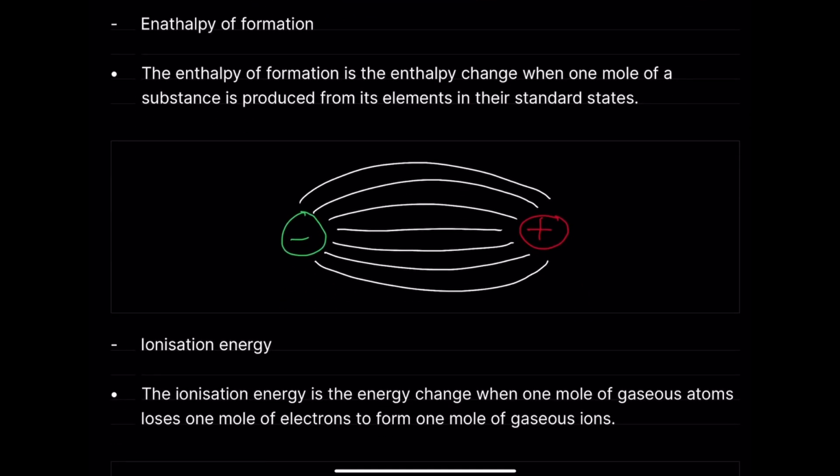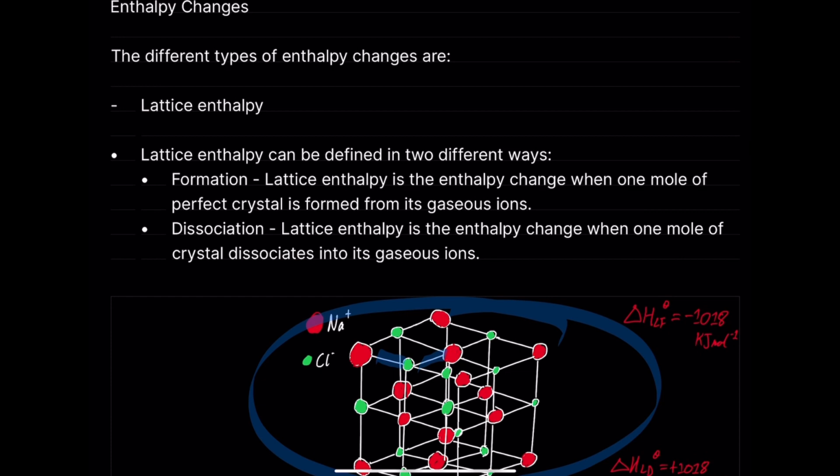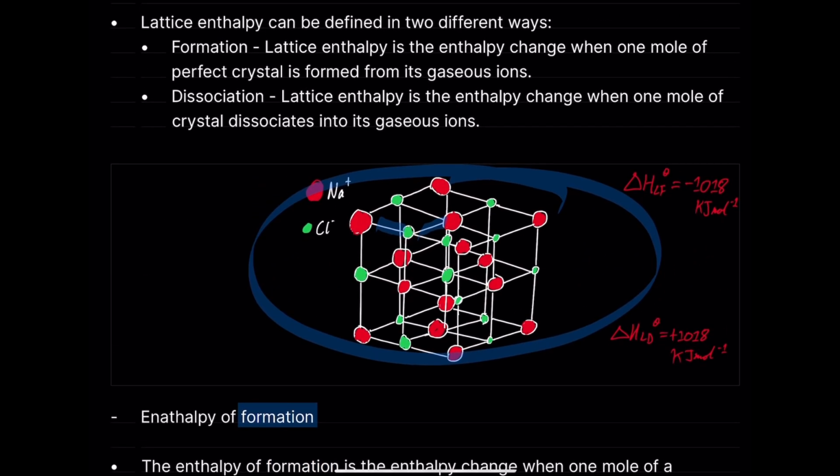Enthalpy of formation. So the enthalpy of formation is the enthalpy change when 1 mole of a substance is produced from its elements in their standard state. Now don't confuse the enthalpy of formation with enthalpy of lattice formation. That's completely different. Enthalpy of lattice formation is the enthalpy change when 1 mole of a perfect crystal is formed from its gaseous ions.